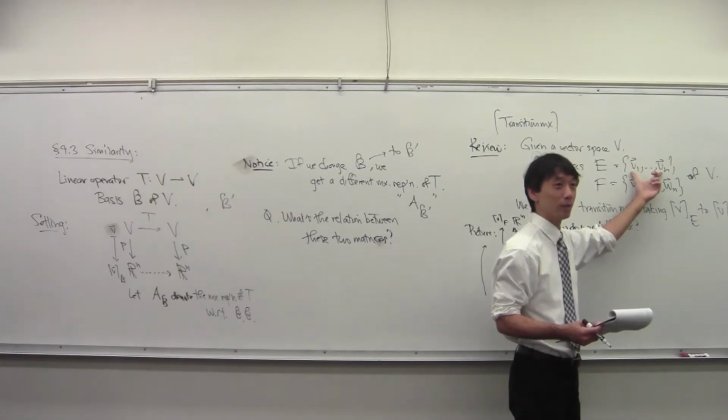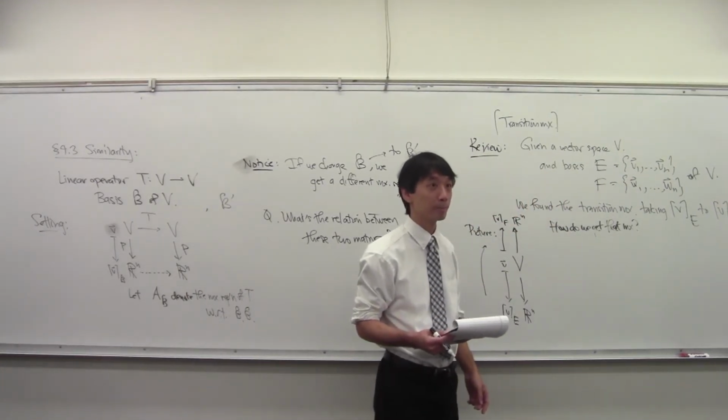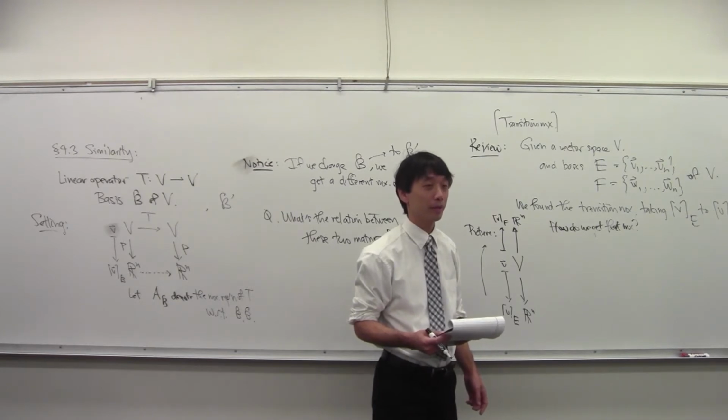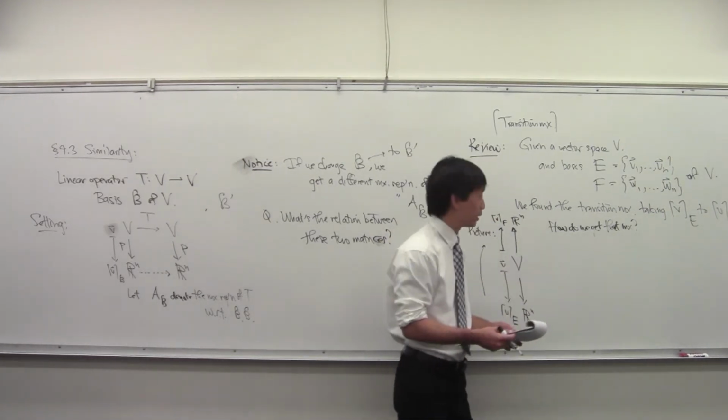Okay, Ross. I'm not quite sure. That's all right. So you just represent like v1 as a combination of w1 to wn, and you find the coordinates, and the coordinates are the column of the matrix. That's right. So you remember you had to go through this thing.